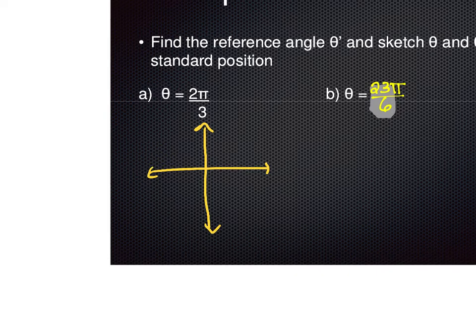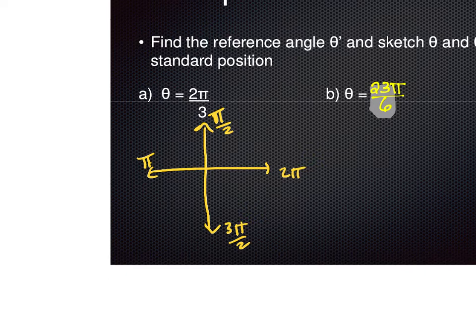So we're dealing with radians now. So up here we have pi over 2. Here we have pi. This is 3 pi over 2. And this is 2 pi. So what quadrant do we think this is in? In 3.